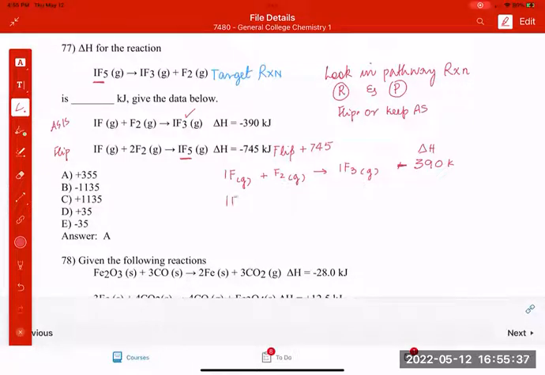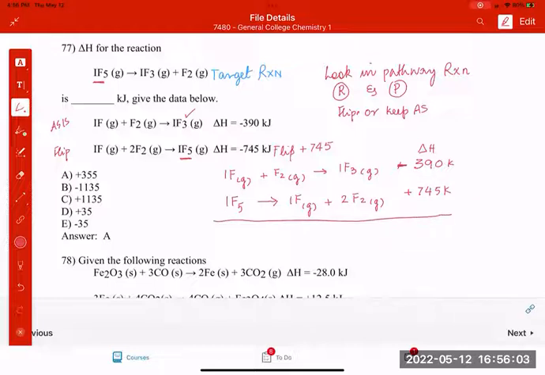Now this is IF5, reversed back, giving you IF gas and F2 as a gas. And now this becomes positive 745 kJ.